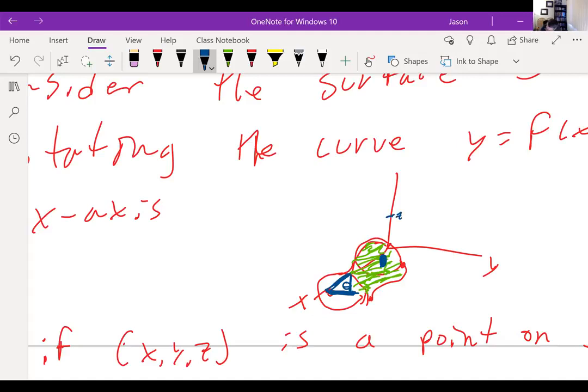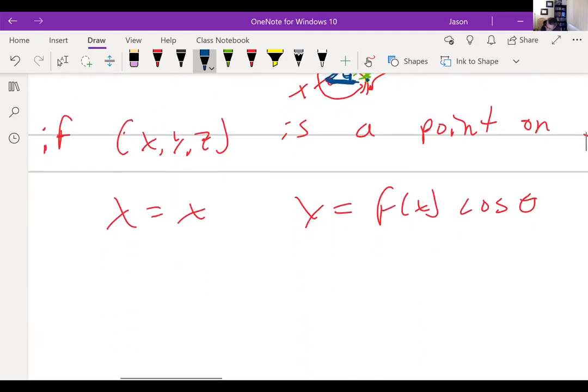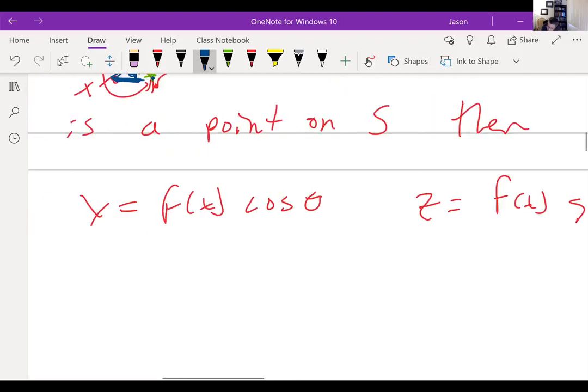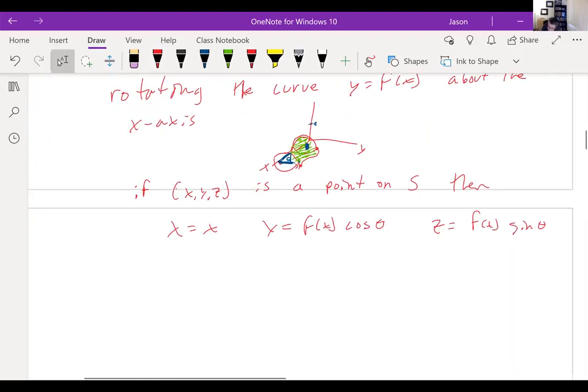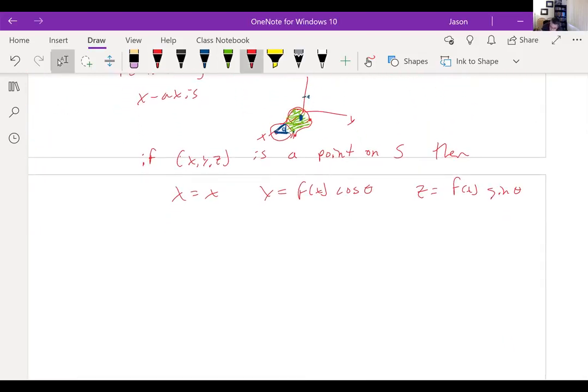How far out we are depends on theta in the y direction, and how far up we are in the z. Yeah, that makes sense. Cosine theta, sine theta. That's good. So for surfaces of revolution, we use that.